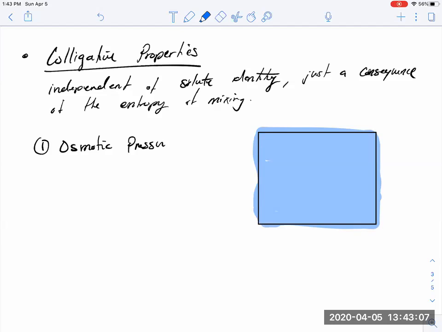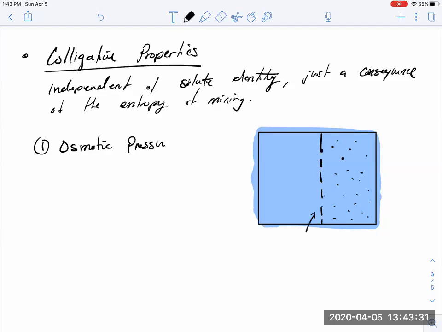And now let's imagine that in that box, we can put a semi-permeable membrane through which water can flow, but solutes over on one side of that membrane cannot.